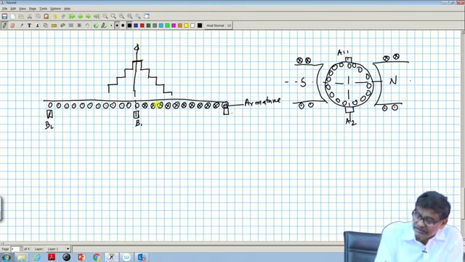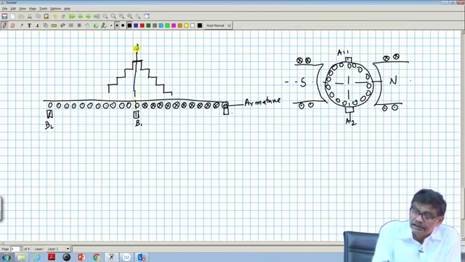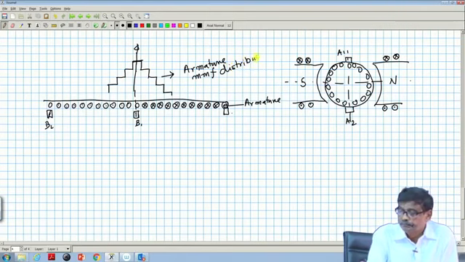How do I get it? This side cross, this side dot. So, by the right hand rule, the thumb will indicate that direction. So, the peak will lie here and it will be a stepped waveform. So, armature MMF distribution is stepped.